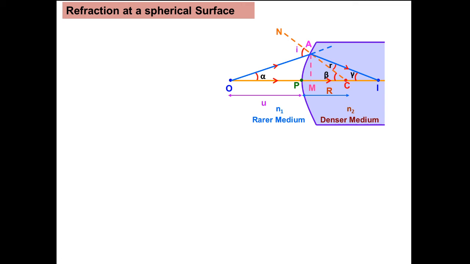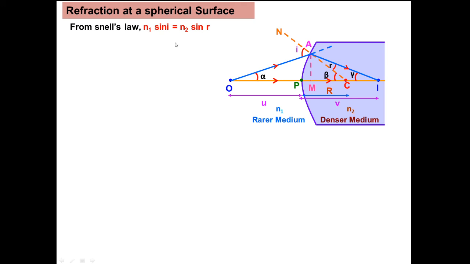PC is R. As we know, all these distances are measured from the pole. So P to O is u and P to I is v. Our purpose is to obtain a relation between object distance, image distance, and radius of curvature.